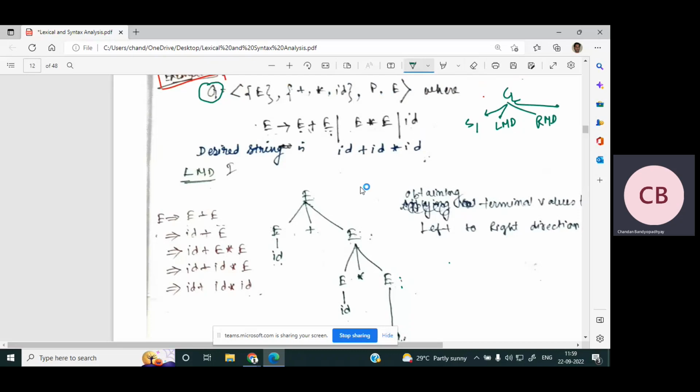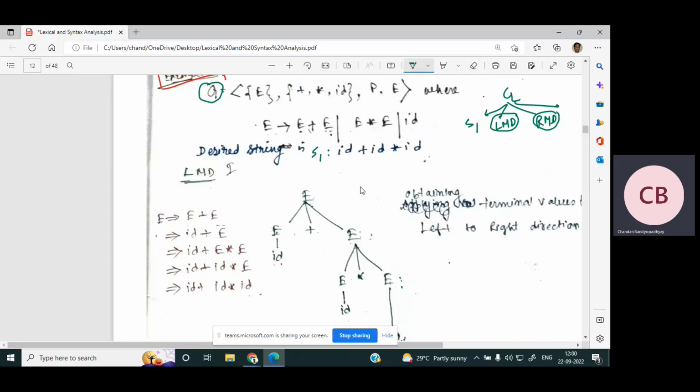My objective here is to find out, let this string S1 be given, whether the grammar G is ambiguous or not. Initially we have seen that one LMD and one RMD already exist for the grammar, as I showed in my previous diagram, by expanding the leftmost derivation and the rightmost derivation.